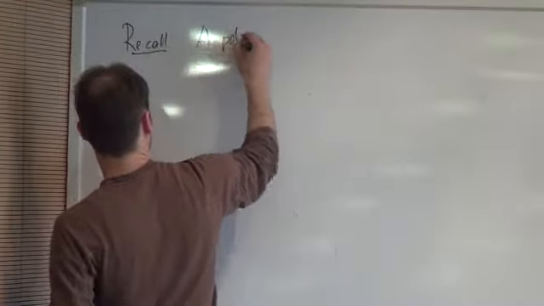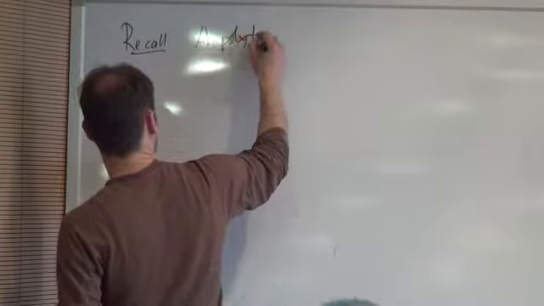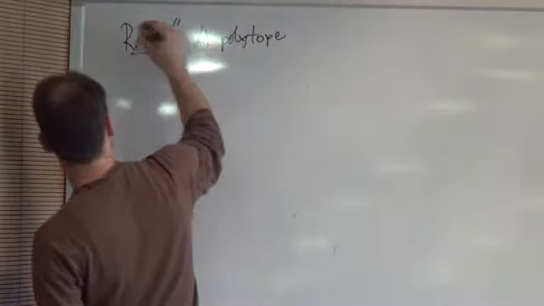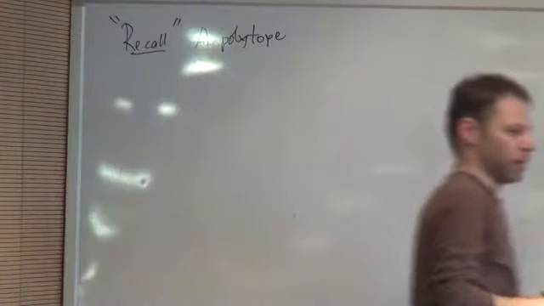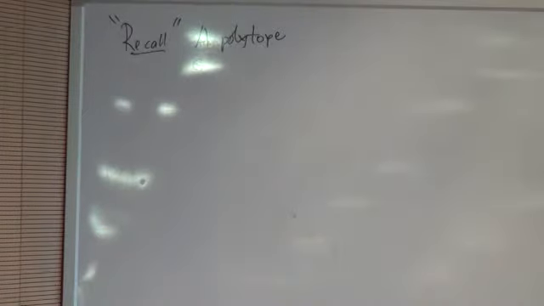So let me talk a little bit about rationality. So recall a polytope. Maybe I should put recall in quotation marks, as in maybe you have never heard of this.